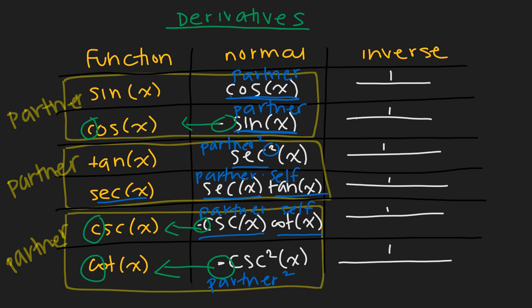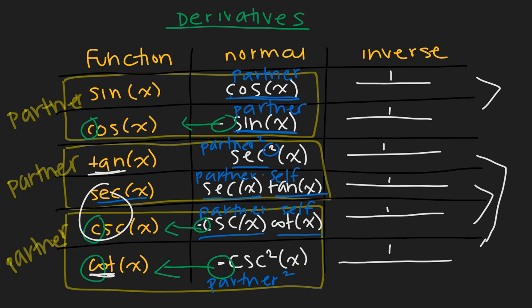Since sine and cosine are partners, and tan and cotangent and secant and cosecant are the partners, this one is straightforward because tan and cotangent are reciprocals of each other. Sine and cosine stay the same, and that means these two must be grouped together.